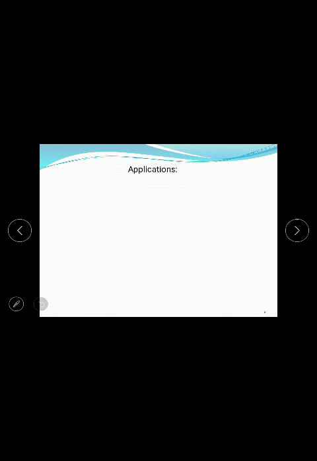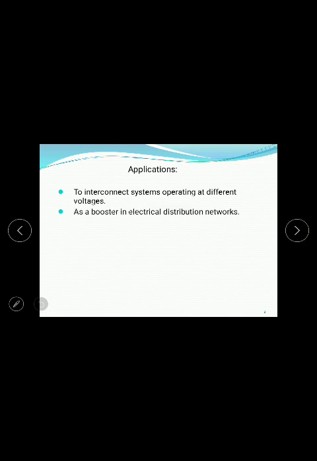Here the applications: to interconnect systems operating at different voltages, as a booster in electrical distribution networks, as a starter for starting induction motors.